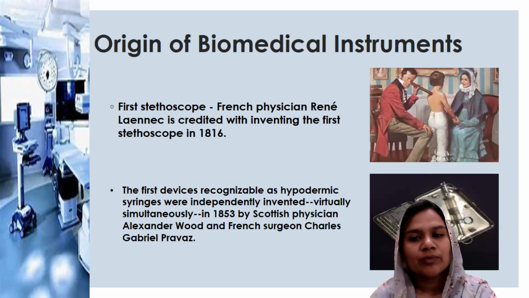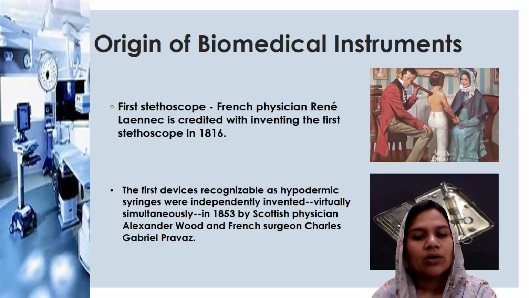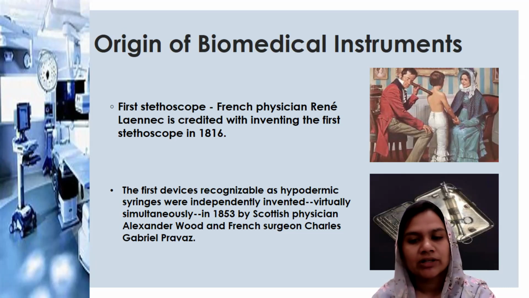Certain origins of biomedical instruments are: the first stethoscope, invented by French physician Rene Laennec in the year 1816. The next one is the hypodermic syringe, invented by Scottish physician Alexander Wood and French surgeon Charles Gabriel.